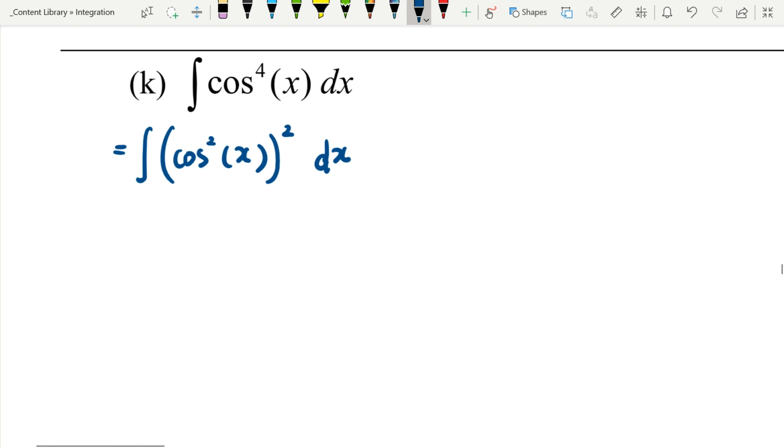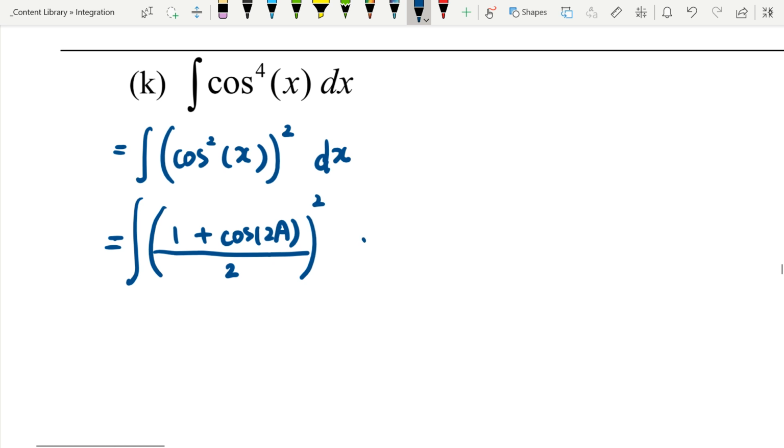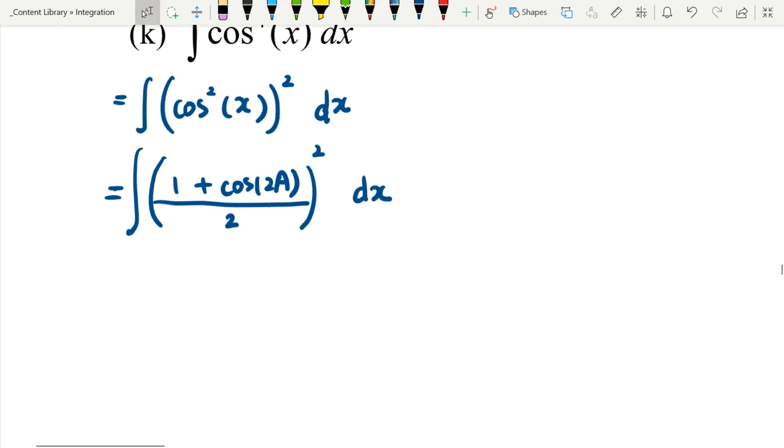So next thing we'll think about is cosine squared x. If you remember the formula, that's 1 plus cosine 2x over 2. Okay, that's the cosine squared x. If you can't remember, go back to the formula sheet. You can rearrange it together.